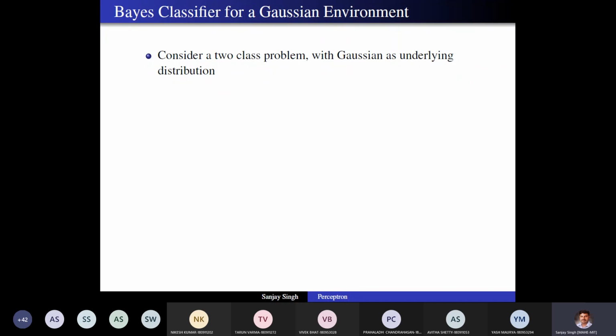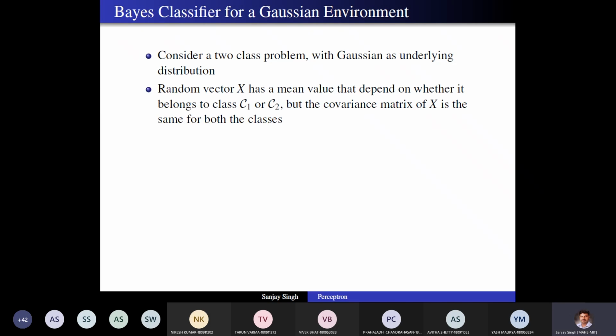So again we are considering a two class problem, with Gaussian as the underlying distribution. Let's say a random vector x has a mean value that depends on whether it belongs to class 1 or class 2, but the covariance matrix of x is the same for both classes.